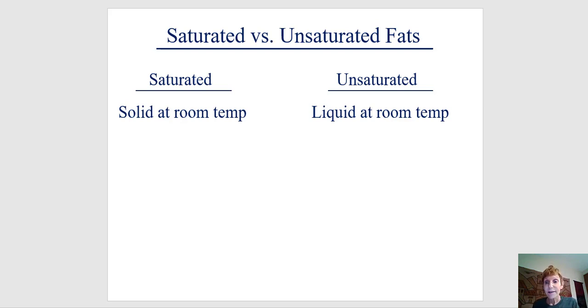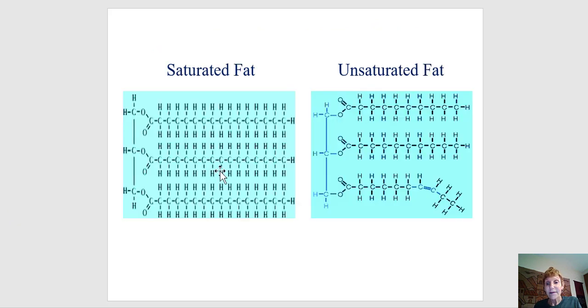On the other hand, the unsaturated fat, because of that kink there, if you have a whole bunch of these molecules, like in vegetable oil, they're all the same, they are more spread out because the kink in this fatty acid pushes away the one next to it, and then that one pushes away the one next to it.